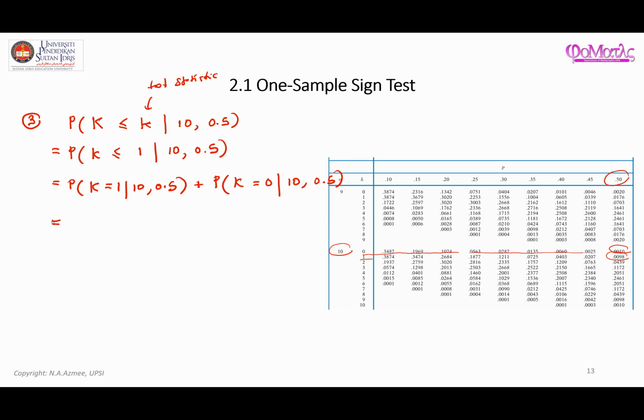So it becomes 0.0098 plus 0.001, which is about 0.0108. So that's the third part, where you have to find this probability.